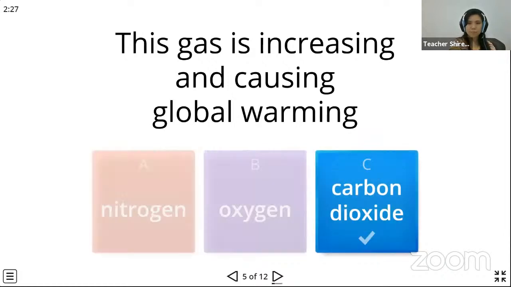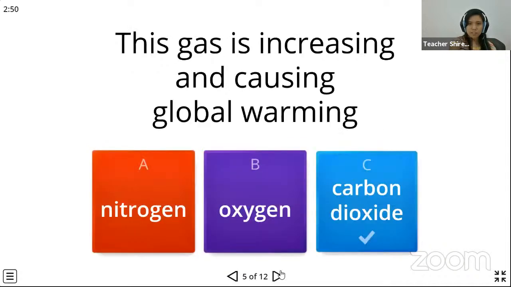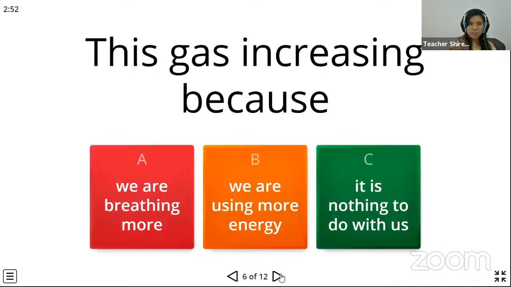Good. This gas increased because they didn't say what is this gas. Let's assume this gas is the earlier question, which is carbon dioxide.